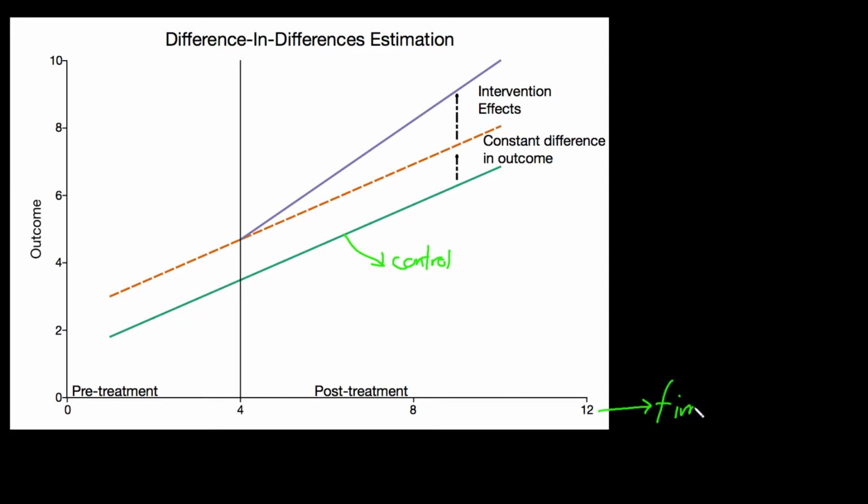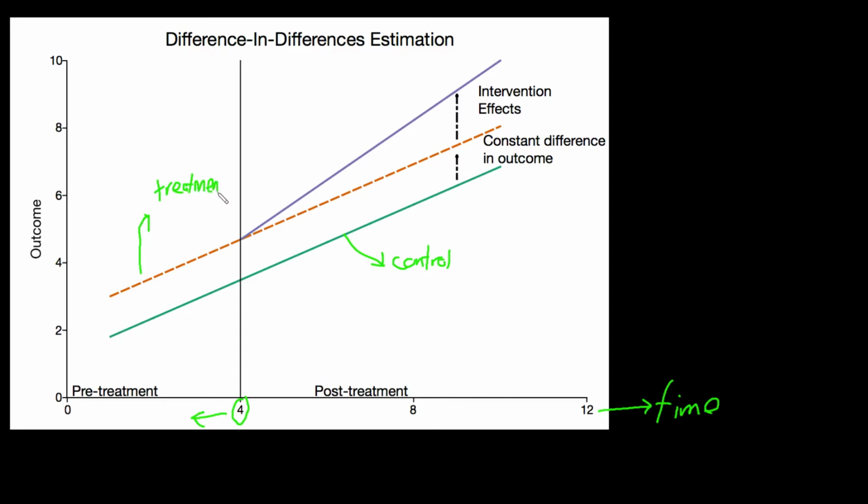So we might be wondering, what is this line here? What's this vertical line for? So what we've said here is that the treatment is actually introduced at time equals 4. So all time before this is pre-treatment, like we talked about before. So we can see that both groups, this is control and this is the treatment.